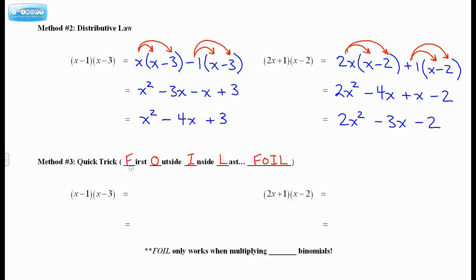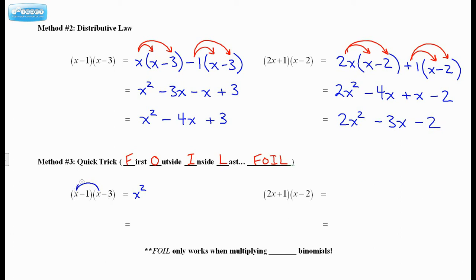So the first means we multiply the first 2 terms of each binomial together. So I'm just going to draw a little bump like that. So I multiply x times x, which gives me x squared. The O stands for outside. So I'm going to multiply the terms on the outside. So that would be x and negative 3.